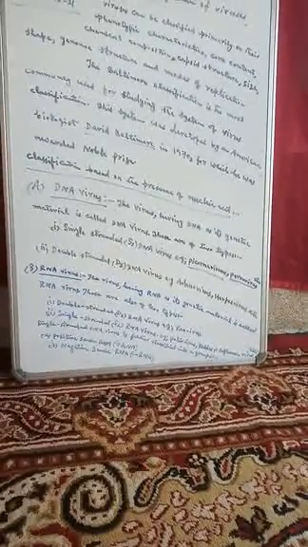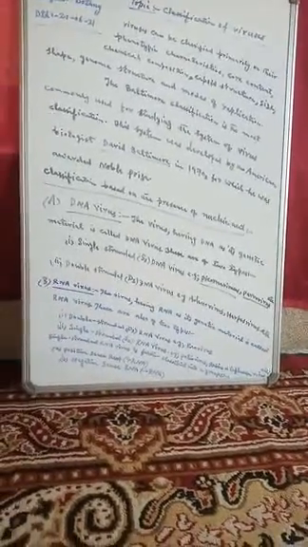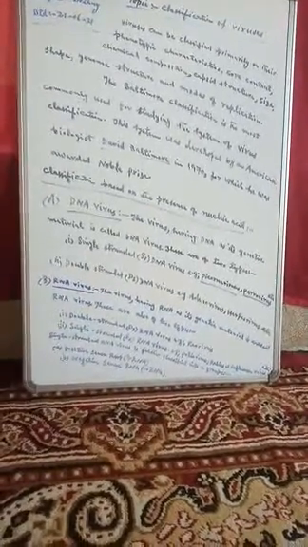The single-stranded DNA virus examples are picornavirus and parvovirus. The double-stranded DNA virus examples are adenovirus and herpes virus. These are the two examples of double-stranded DNA virus.